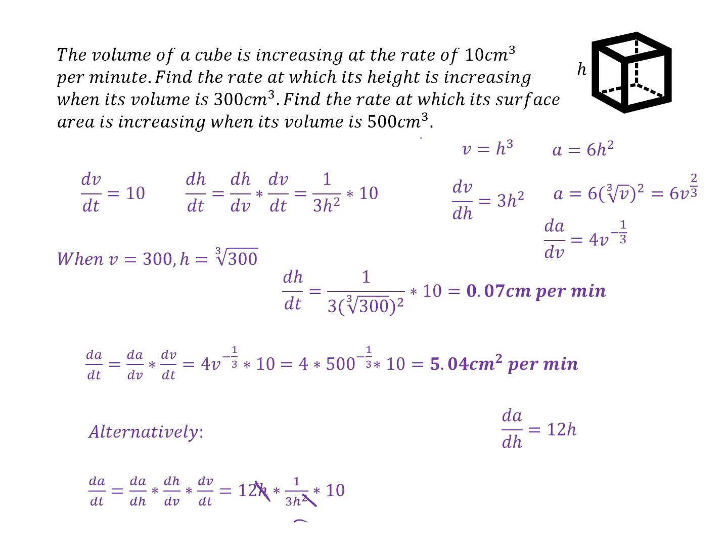The value of h, when the volume is 500, will be the cube root of 500. So there's our, I did simplify it, 40 over h, and then we put the cube root of 500 into that. We get the same answer as before, thankfully. So two slightly different methods, both amounting to the same thing.